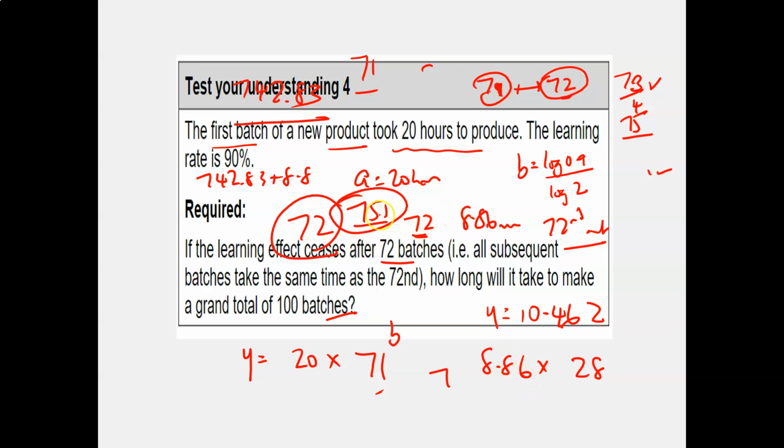So the first 72 batches, 751. The next 28 batches, so I'm sure you can see where I'm going now, times 28, 248. And therefore, the total time, they say grand total, must be 248.08 plus the 751.